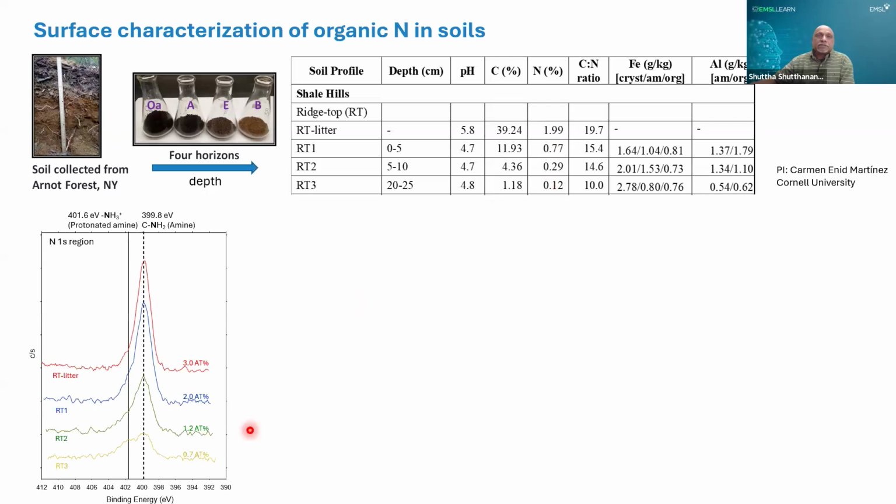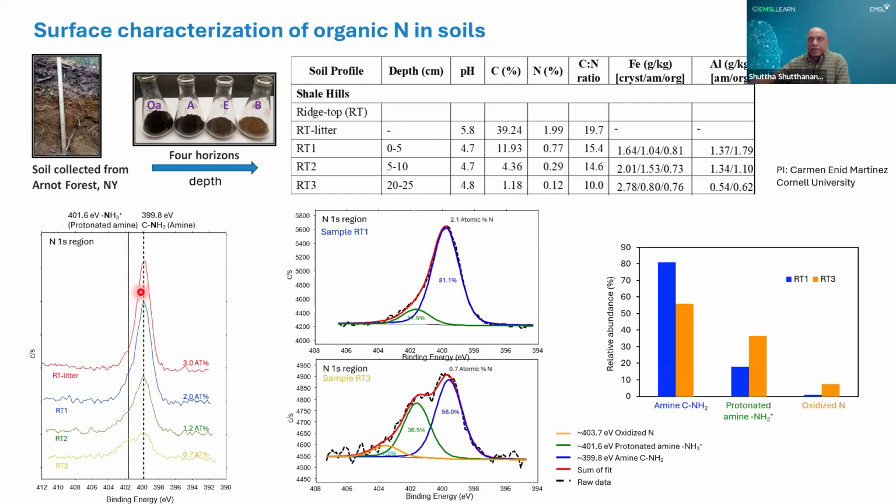So here is the nitrogen spectrum from 4 different samples. You can clearly see the nitrogen at the surface has a larger peak compared to the nitrogen deeper in the soil. And you can also see the shape of the nitrogen peak is different in the deeper soil than in the top soil. So if you compare with a quick deconvolution analysis, this is the nitrogen spectrum from RT1, and here is the spectrum for RT2.